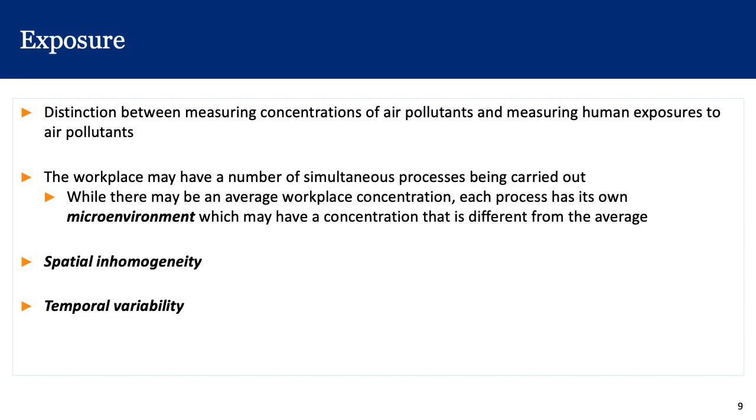But each process has its own microenvironment. So you can think of me working at a bench, and you can imagine a small umbrella of air surrounding me as I'm mixing two chemicals. I'm in a particular microenvironment that is related to the chemicals I'm working with. But you, in a separate room but in the same workplace, have your own umbrella and your own microenvironment.